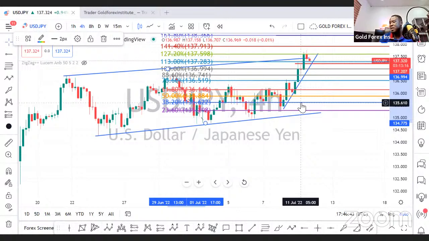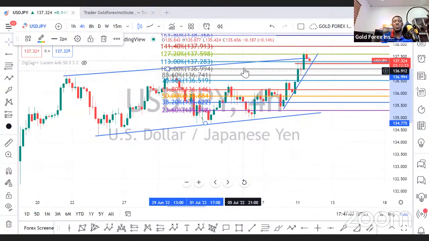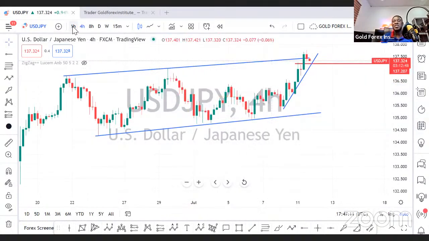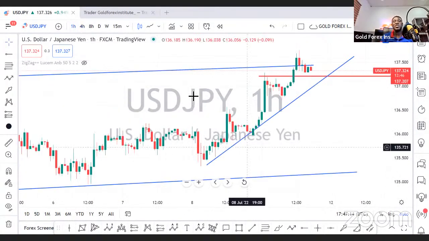I don't see that pattern in STR because it's not popular. Most of the time it ends at 1.61 here, but this is a Nesta pattern at 1.272. Harmonic patterns are based on Fibonacci ratios. I'm expecting a drop of UJ because I'm expecting yen to be strong and USD a little bit weak.